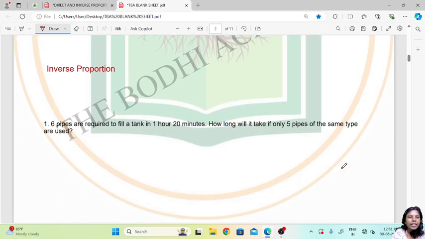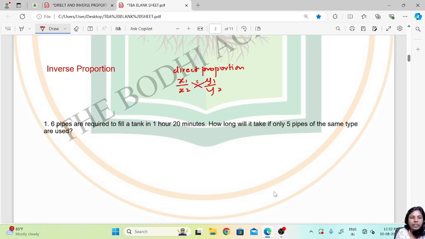Now in today's video we will discuss inverse proportion. Previously, when we were talking about direct proportion, we had x1 upon x2 equals y1 upon y2, and we were cross multiplying.